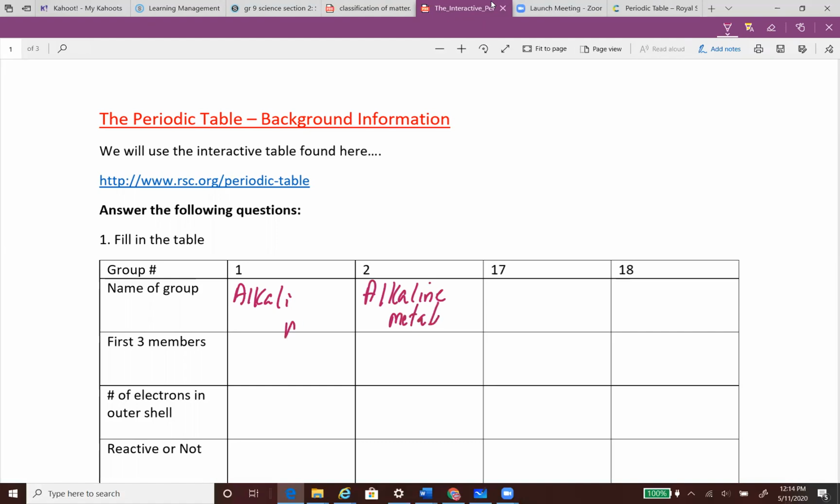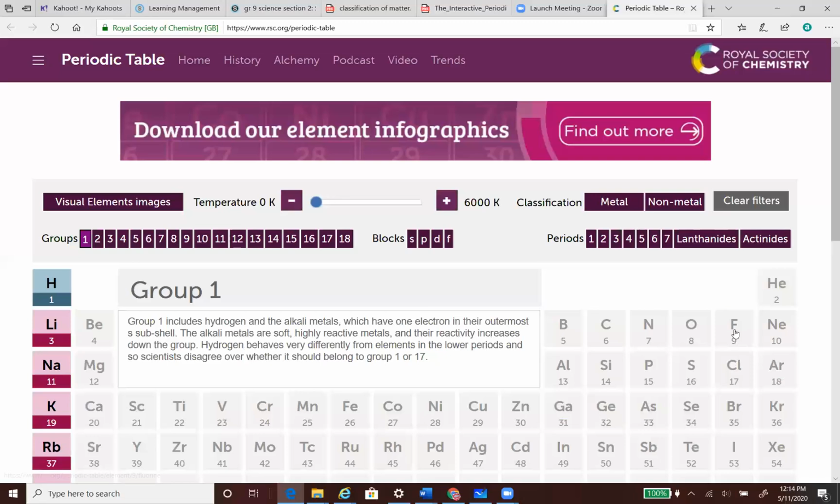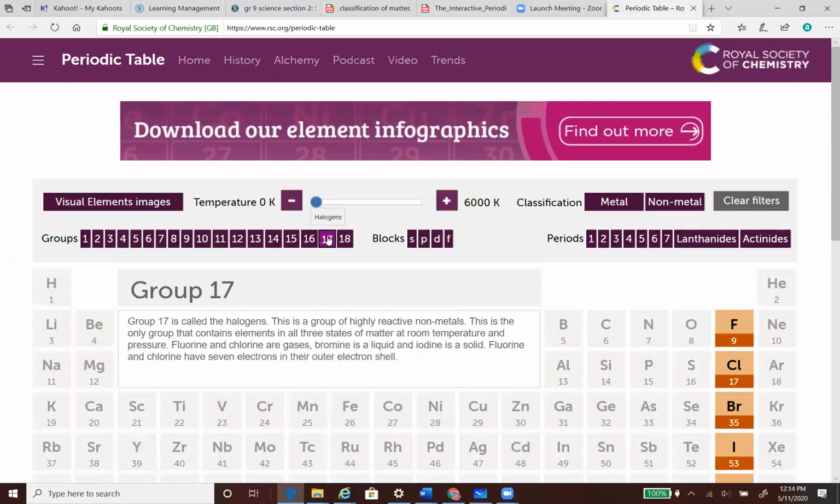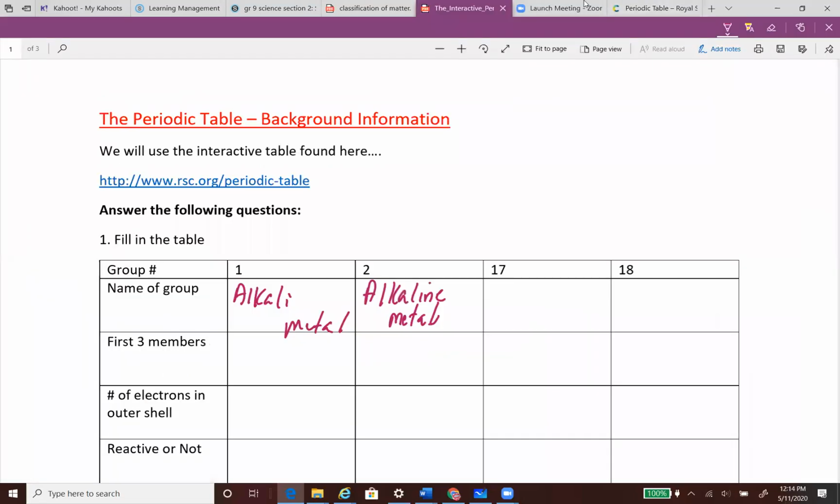All right. Group 17 is the second last column. That would be this column right here. And if I click on that, they're called the halogens. And then the last group called the noble gases. Remember, those are the ones that are stable, the ones that everyone wants to be like.